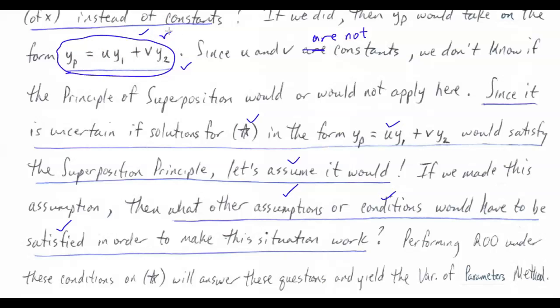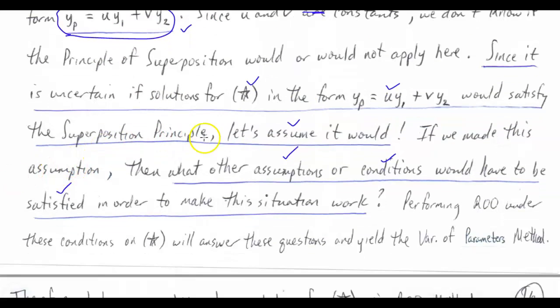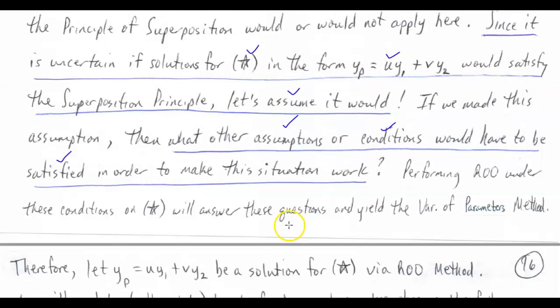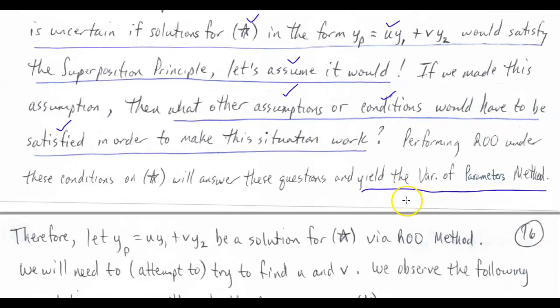I just can't say this works for all things. I have certain conditions that I have to meet. So in performing reduction of order under these conditions, we'll answer the questions that I've asked up here, and we'll actually end up seeing what the variation of parameters method looks like.